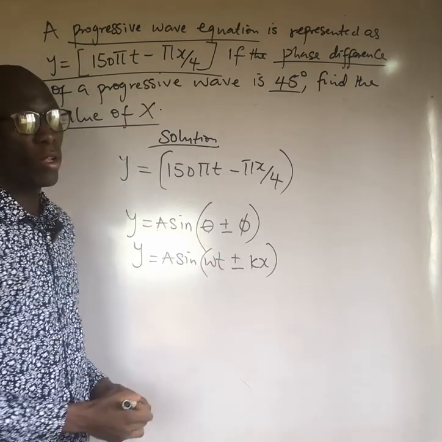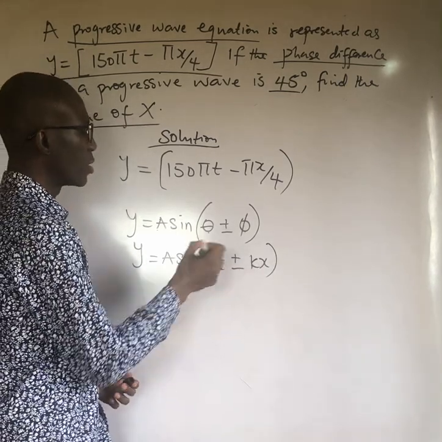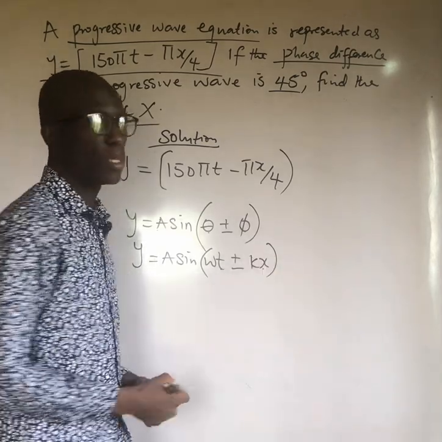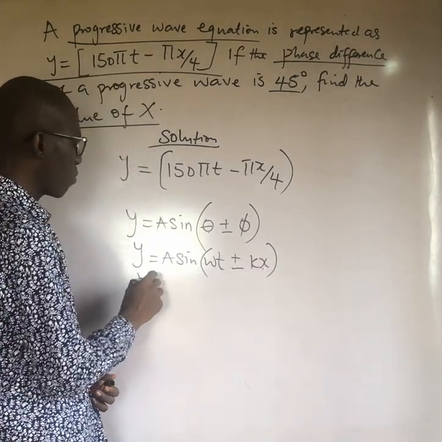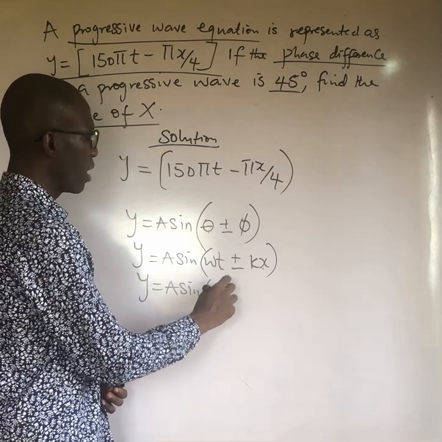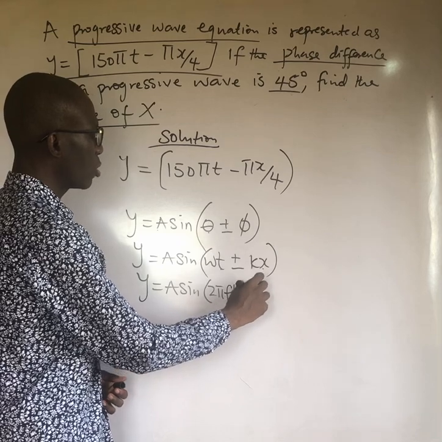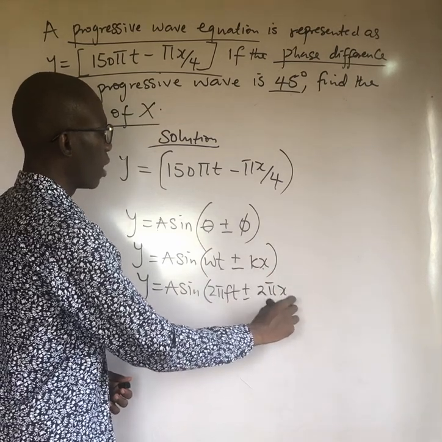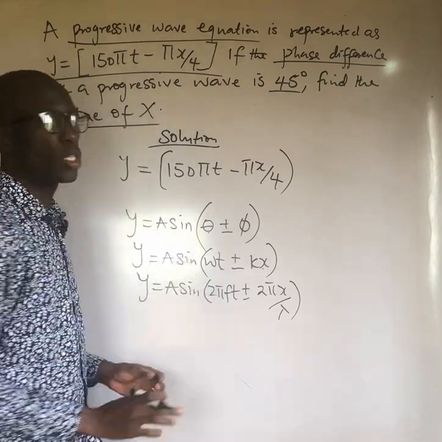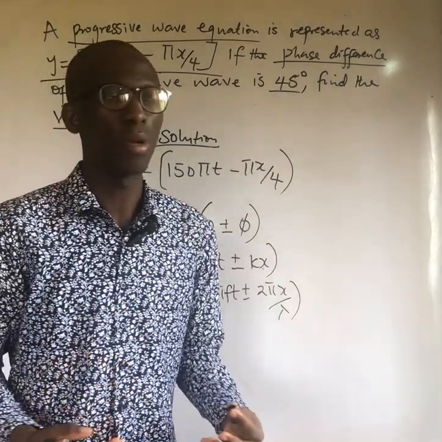This is your angular velocity, this is your time, this is your phase number, and this is your displacement. And then we also have y equal to A sine, 2 pi ft plus or minus 2 pi x over lambda. So these are the three possible equations that can be used to resolve problems in this topic.